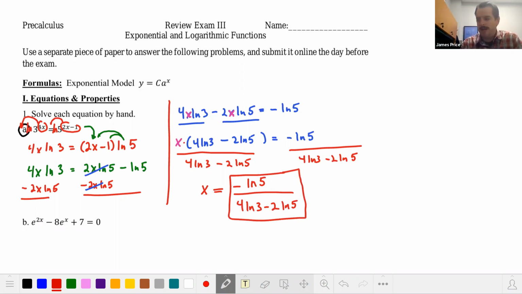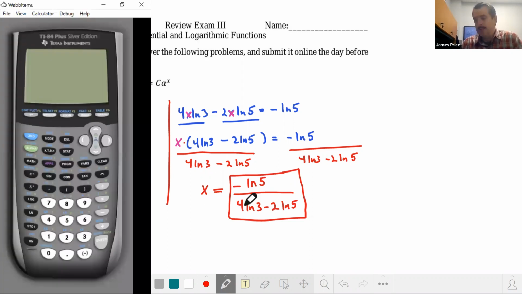And then if we want to check our work, we can check it with the calculator, and it's not too bad. But we do have to make sure we put this in correctly. So how do we do that? Let's turn this on here. We just use the negative button. So negative ln of 5 in parentheses, and then divided by, now you're dividing by a difference down here in the denominator, so you need to make sure you put it in parentheses.